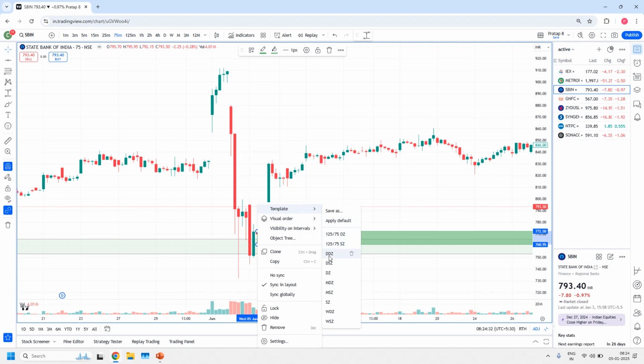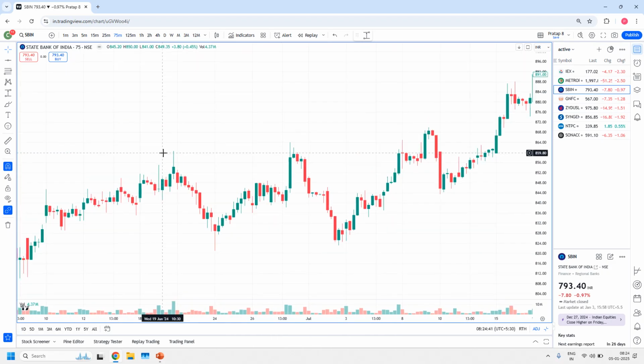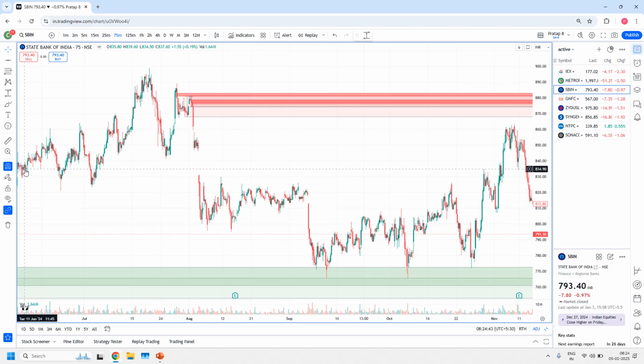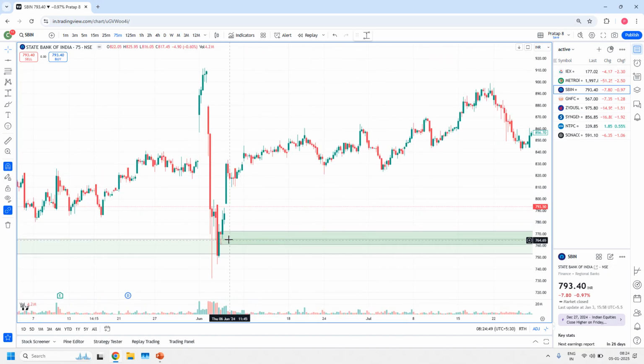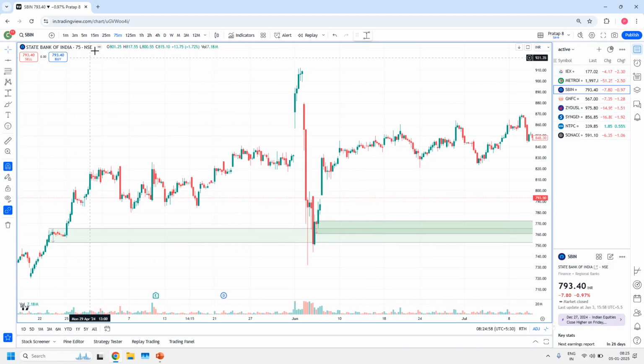This is the 75 minutes demand zone. And this 75 minutes area again, but this is overlapped at the proximal line. That's why part is outside, part is inside. But okay, while fine tuning, you will identify the exact order flow.